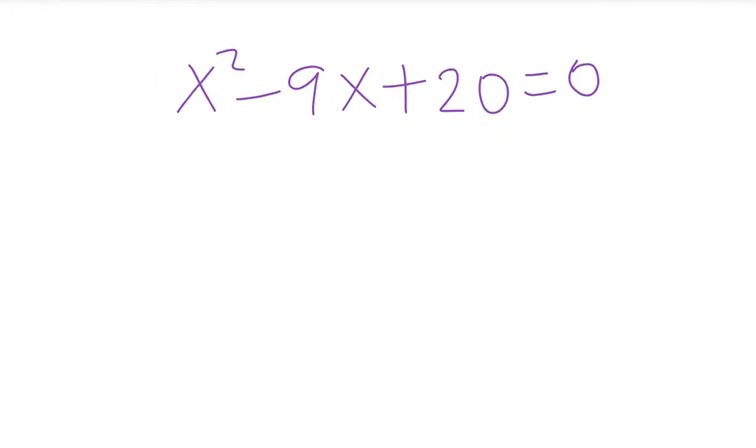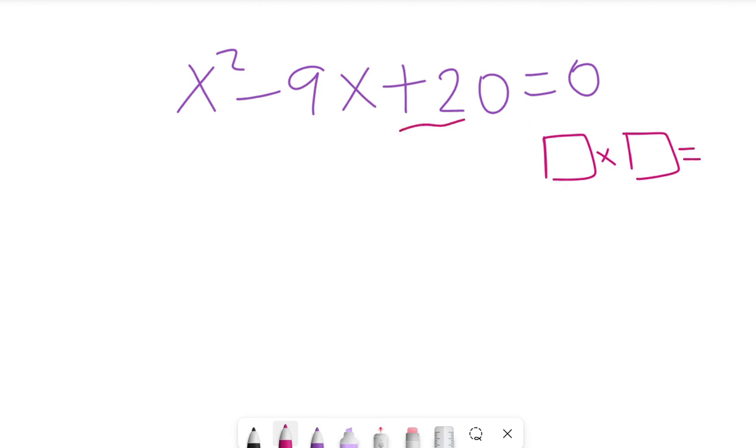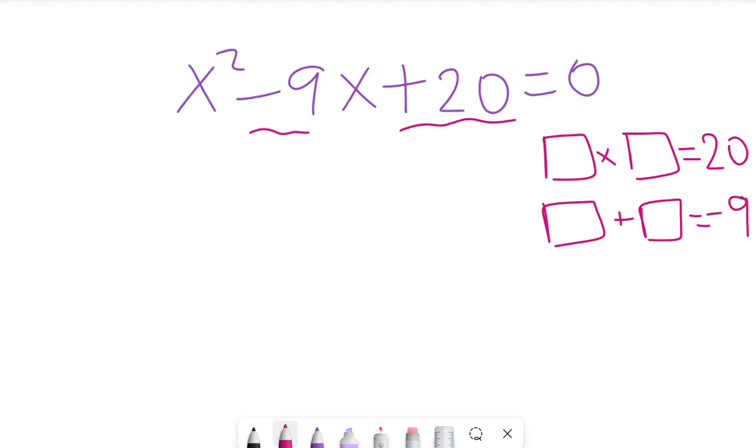This is basic factorization. What we are looking for is the two numbers that multiply to give us 20, and if we add them, we get negative 9. The first thing that comes to my mind is the numbers 4 and 5.